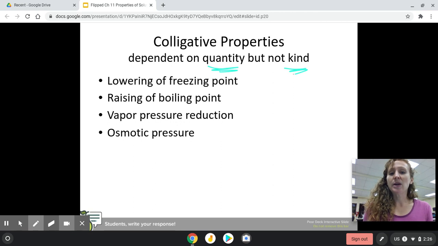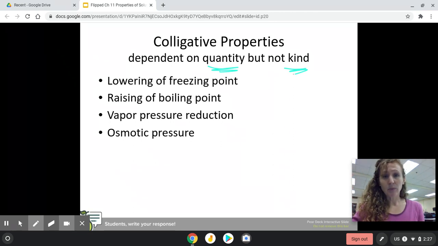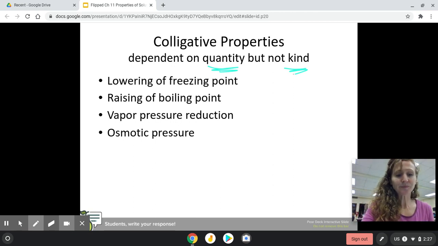So all of these properties are dependent on how much is there, and not as important what is there. There are 4 basic colligative properties we're going to talk about: freezing point, boiling point, vapor pressure, and osmotic pressure. As we go through all of these, we're going to give a short definition, talk about the factors involved, and then look at an equation.